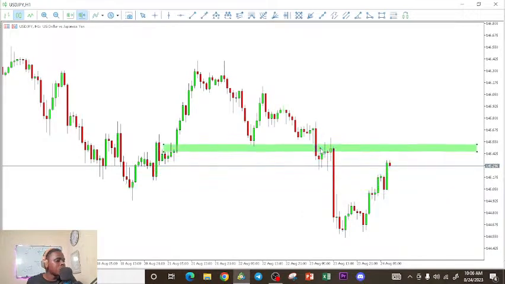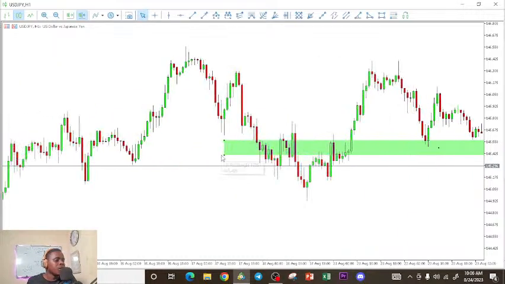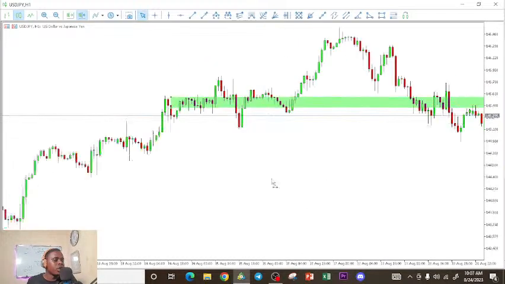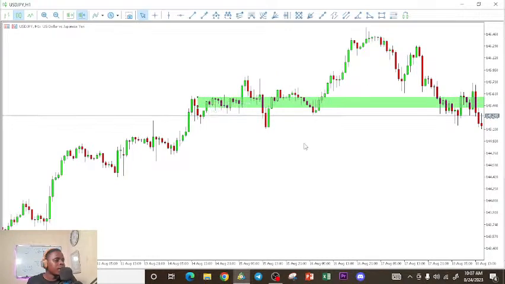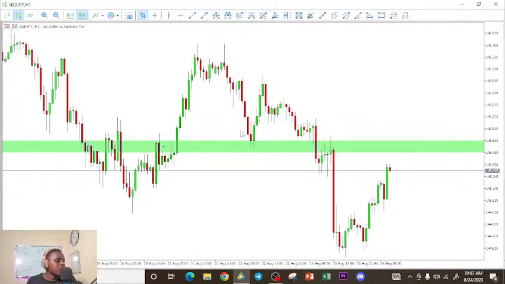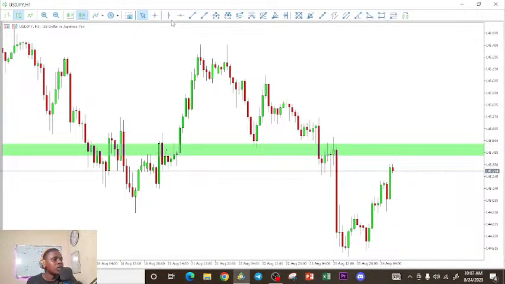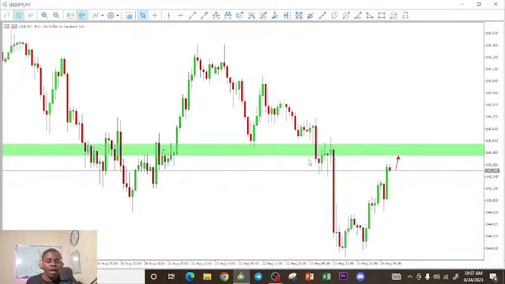I'm guessing that it's going to be this zone here, and I will make it a little bit bigger. Why this zone? Because if you look back into the market, you can see that the market has been respecting this zone for a very long period of time. You can see here the market pushing up and dropping from that zone. So what I'm thinking is that the market needs to come back into this zone and do some kind of a test right here, or any candlestick pattern that shows you a potential reversal.